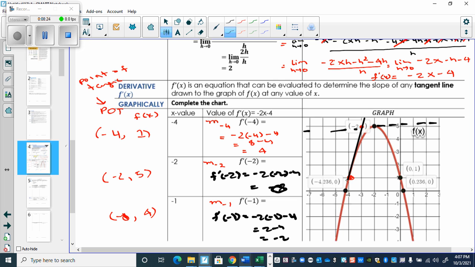So that slope is down to right 1 at that point. So down to right 1, and it would be like some little tangent line going like this. All right. So pretty straightforward stuff there.